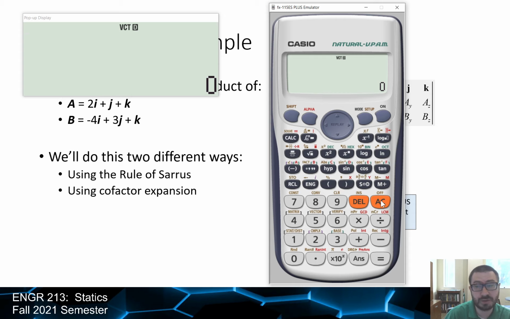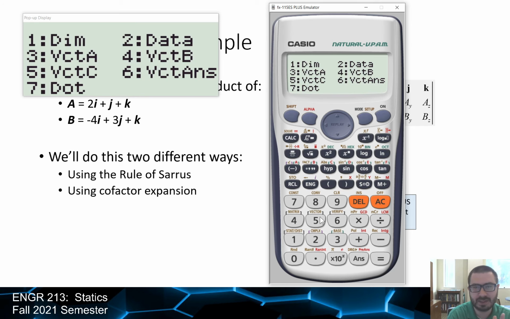And in order to do the cross product, if you look here at your number pad, over the number 5, do you see how there's a shift function for vector? So we hit shift and we hit vector, and now you can start to see some of the functions here.